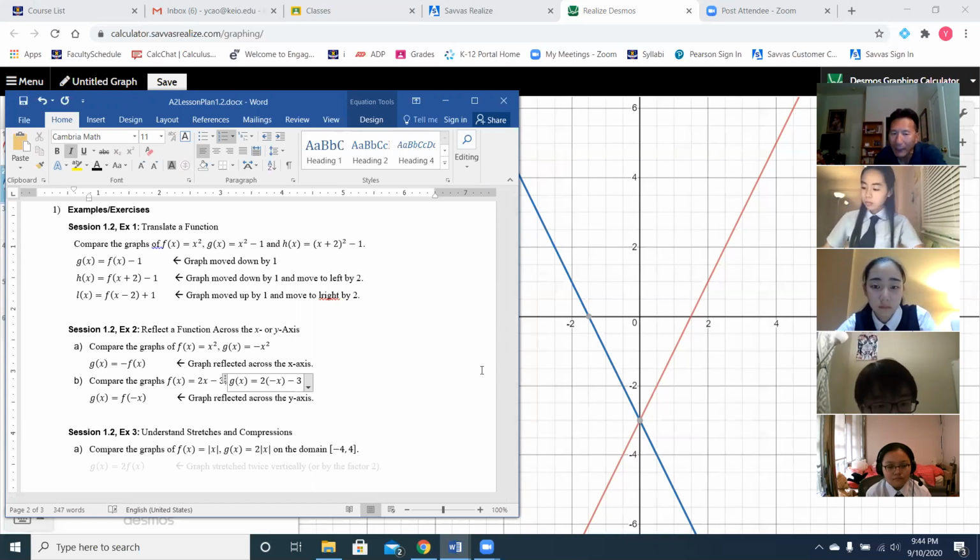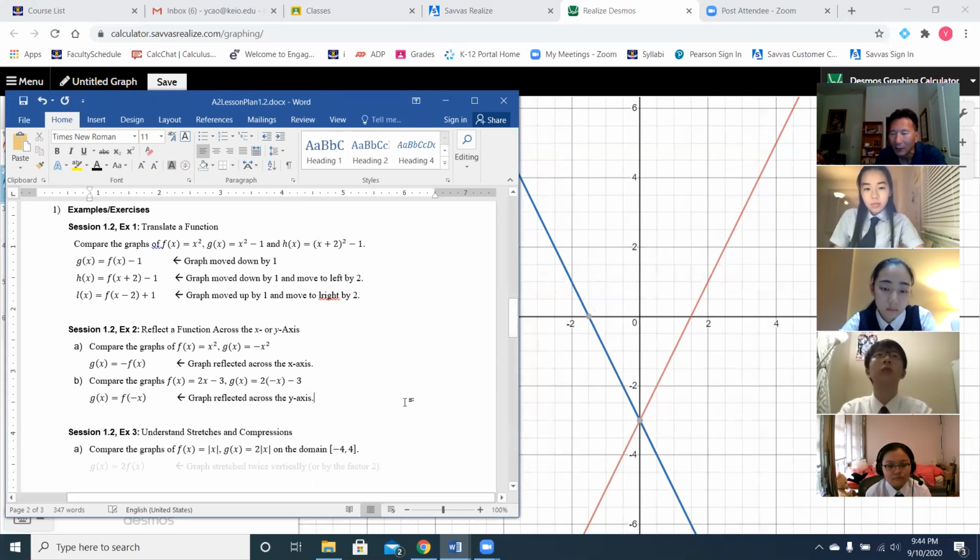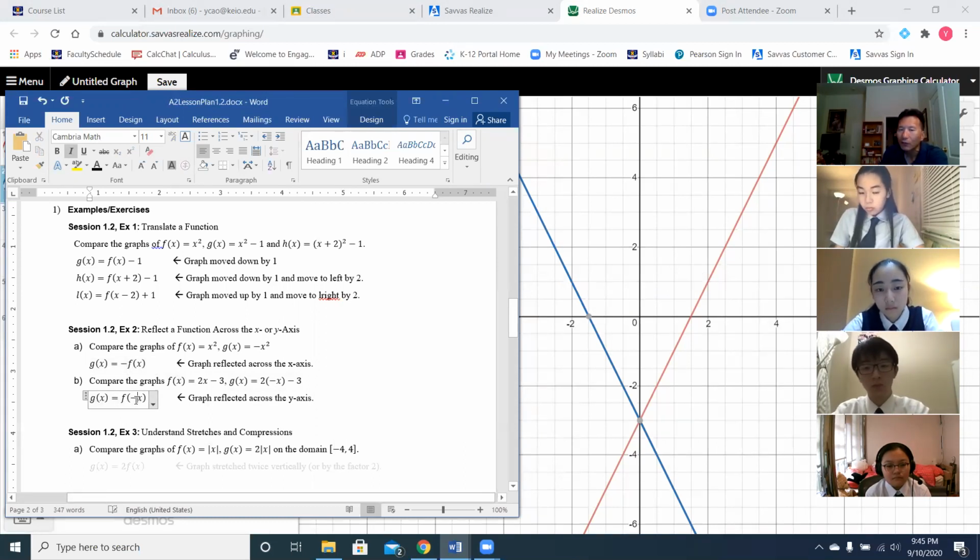Basically, you replace x by negative x, and the graph is going to reflect across the y-axis, like we said here. So in the future, if the negative is outside, you flip over across the x-axis. If the negative is inside, you flip over across the y-axis. That's the difference between them.